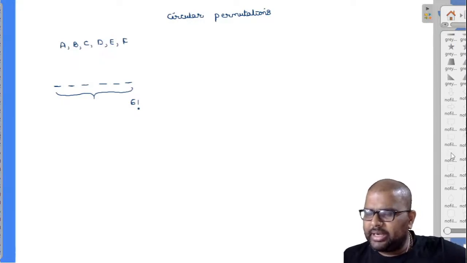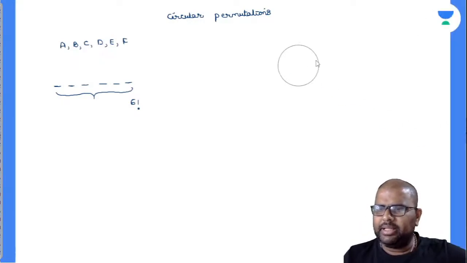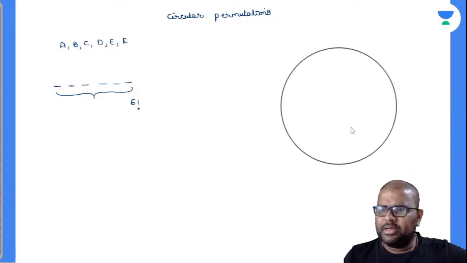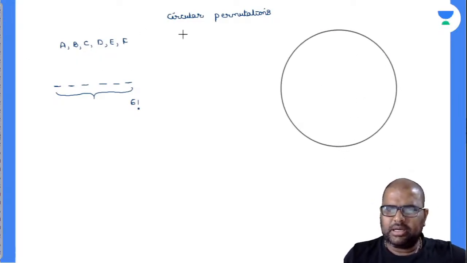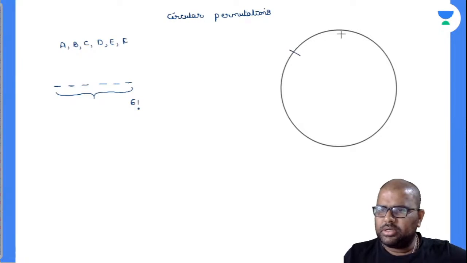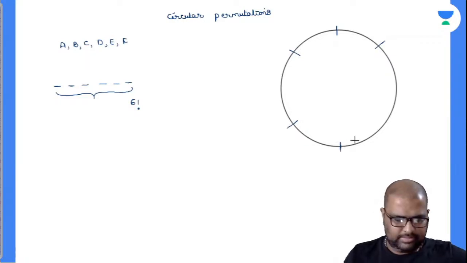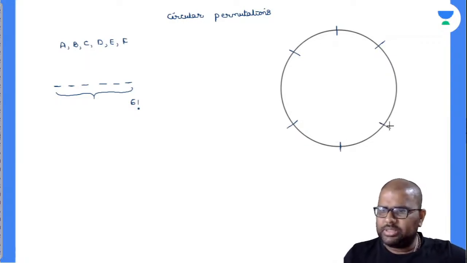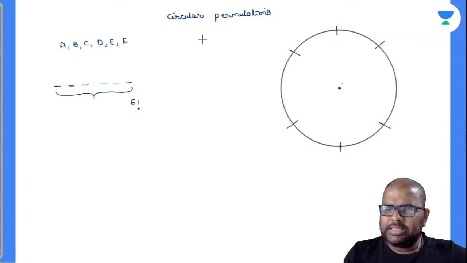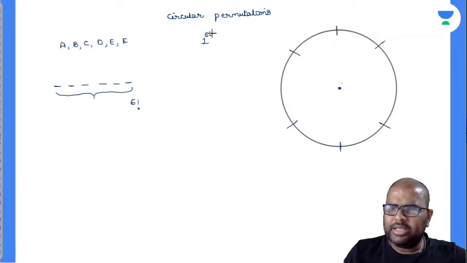I will be writing down this. Now this is a circular table there. There are 6 chairs. I'll write down 6 chairs. 1, 2, 3, 4, 5, 6. So what's the logic there? Let us suppose this is the empty chair, beta. On this empty chair, the first person, A, will be seated in how many ways?